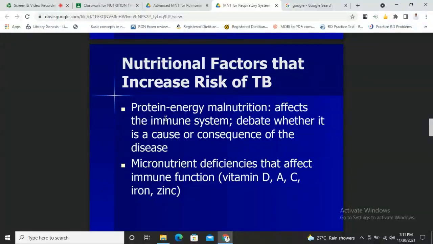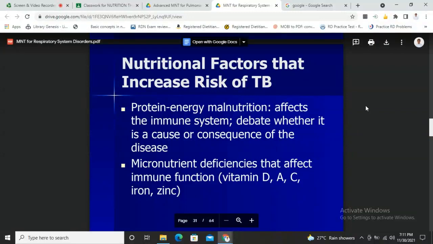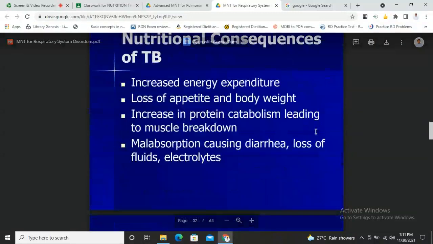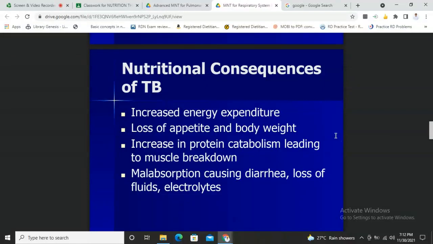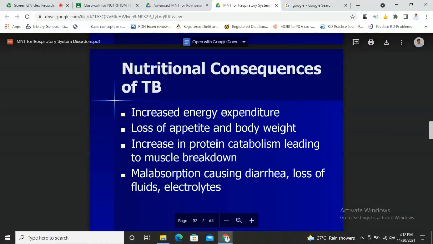Micronutrient deficiencies that affect the immune function include vitamins D, A, C, and the minerals iron and zinc. Usually, these are the ones deficient in patients with TB. Okay? So, increased energy expenditure, loss of appetite and body weight, because of inflammation, since they have an infection. So, our immune system produces compounds that would increase the basal metabolism.